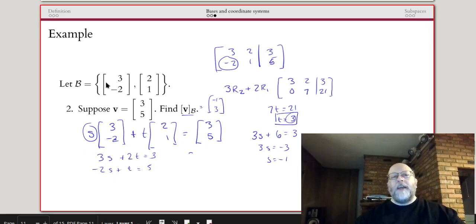And that should check. If I take negative 1 of these and positive 3 of these, that's going to be negative 3 plus 6 is 3. And positive 2 plus 3 is 5. And so that checks. And so these are the alternate coordinates when these are the standard coordinates.